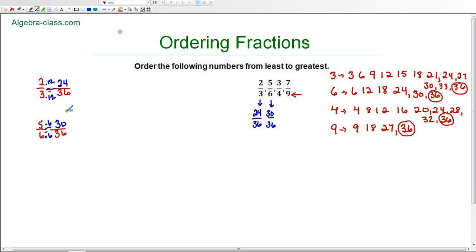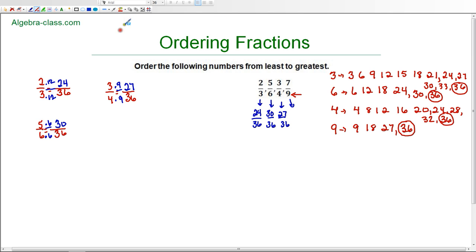And let's continue the process for 3/4. 3/4 has to have a denominator of 36, and 4 times 9 is 36. So 3 times 9 is 27. So we have 27/36.